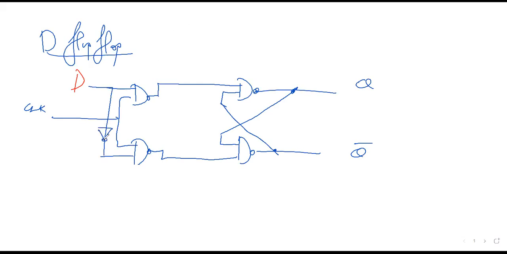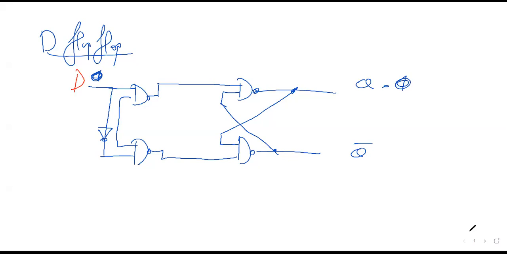If I remove the clock here, then whatever the input was, if the input was 1, then my Q next is equal to 1. It is stored. If I remove the clock, Q remains as 1, storing data. If I input a 0, the output Q equal to 0 is stored.